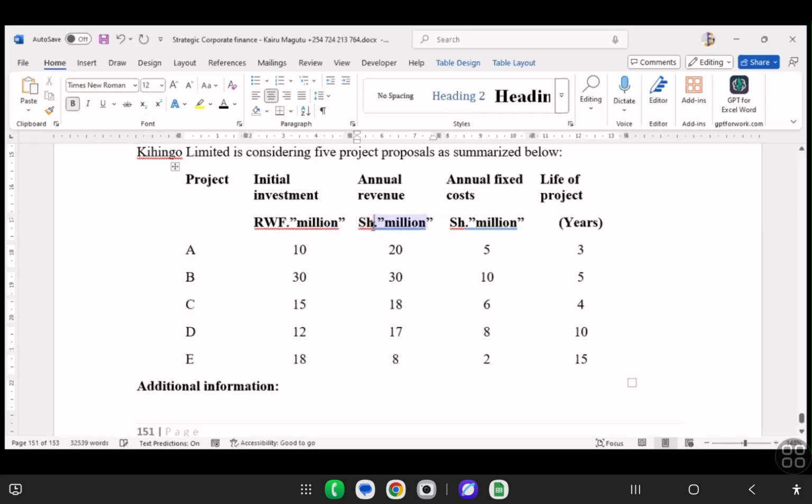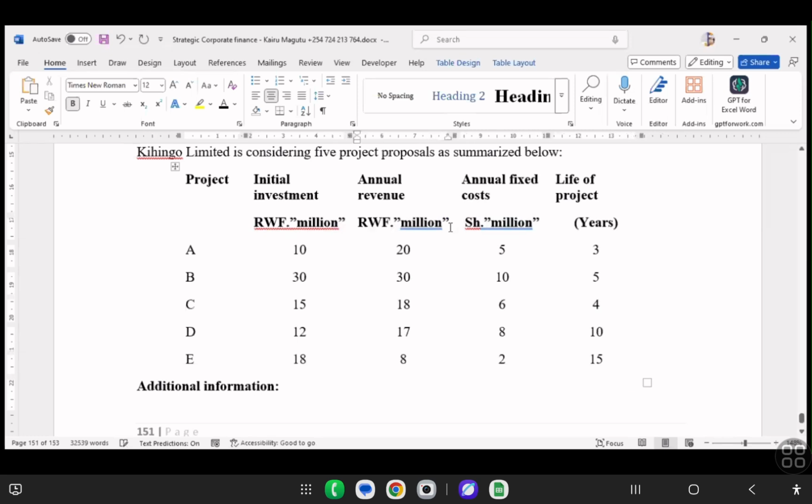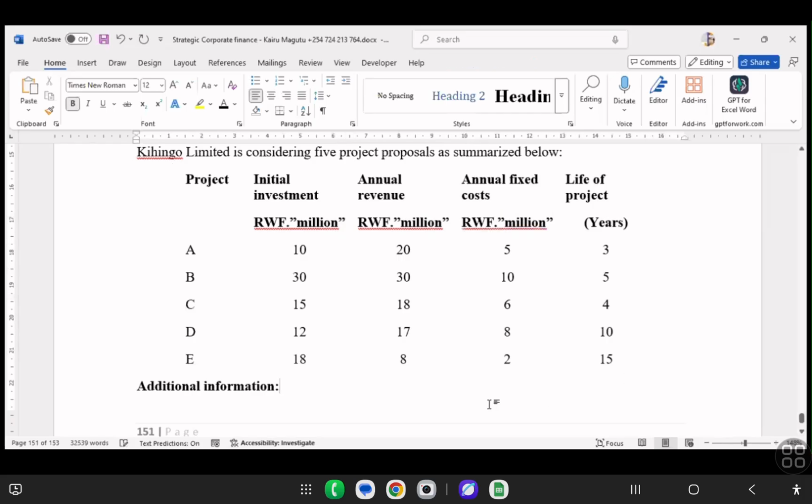We are given the amounts in millions of Rwandan francs. For each of the projects: initial investment, annual revenue, annual fixed costs, and the life of the project.